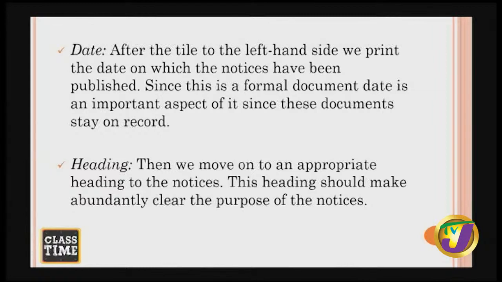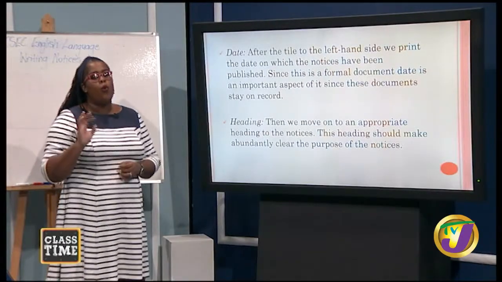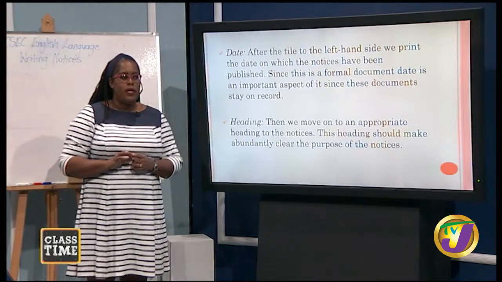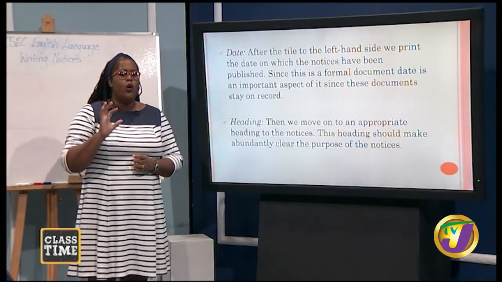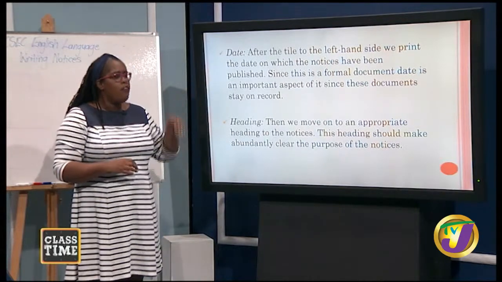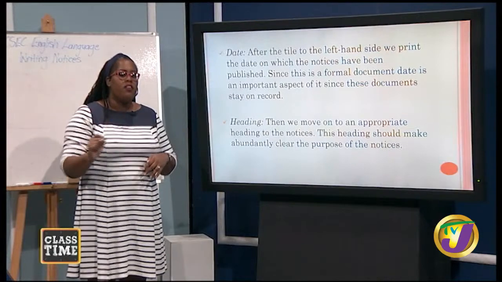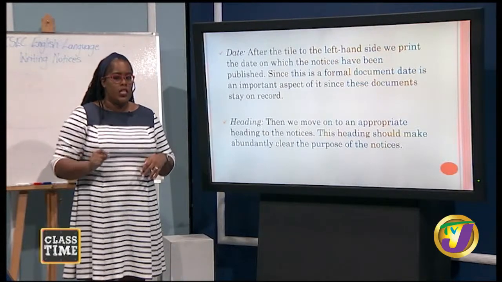Date. After the title, to the left-hand side, we print the date on which the notice has been published. Now, what I want you to do is look through the newspaper, and after we have gone through the format, check off all of the different things that you see on the notice.